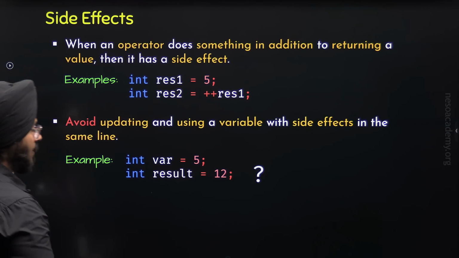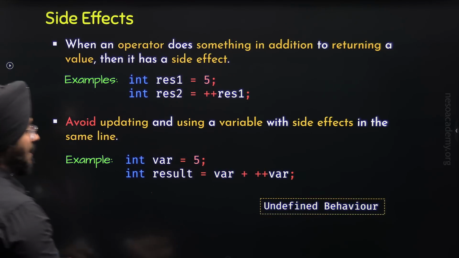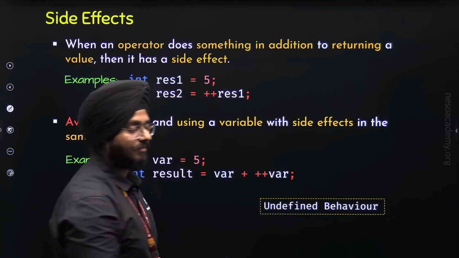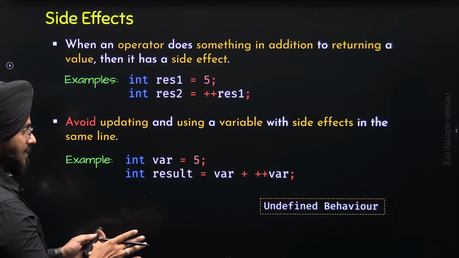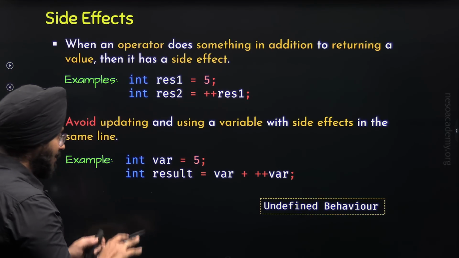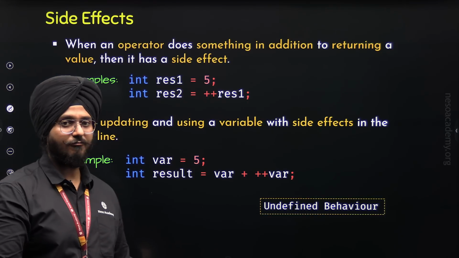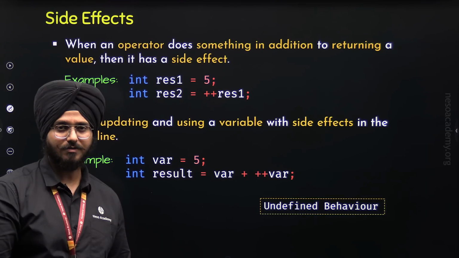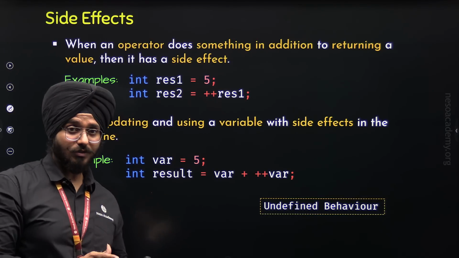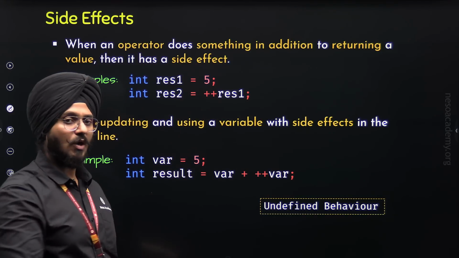The answer to this question is we do not know this. This is the undefined behavior. This is not defined in C++. It is meant to be defined by the compiler. We don't know how the compiler will do the evaluation. We don't know whether var will be evaluated first or ++var will be evaluated first.